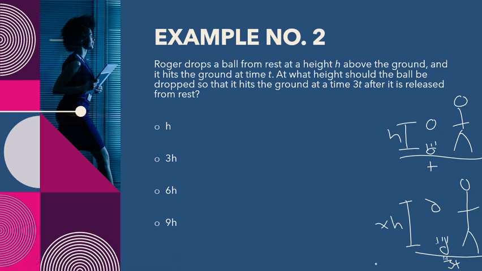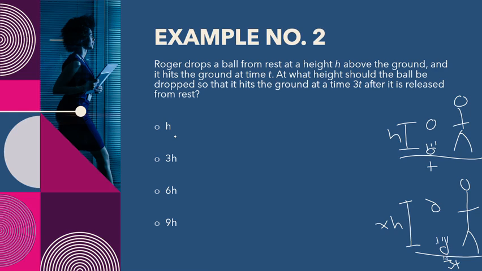So, if we look over here at our answer choices, we can see that they are all given in terms of h, which is the original height that the ball was dropped at. This means that to find our new height, we need to find out how much bigger it is than our original height. In other words, we need to find the ratio of our new height to our original height.